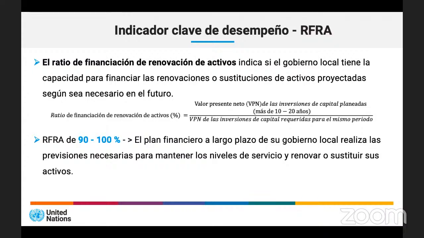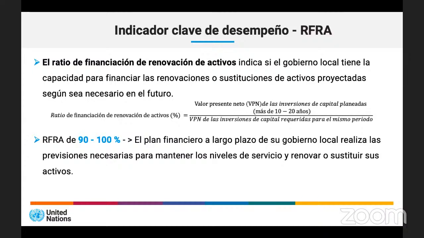Excel can very easily calculate that instead of doing it by hand. So this ratio between planned capital investments divided by required capital investments from our capital plan, from our asset plan, should be covered by 90 to 100%, which is what we should do and what we can do.